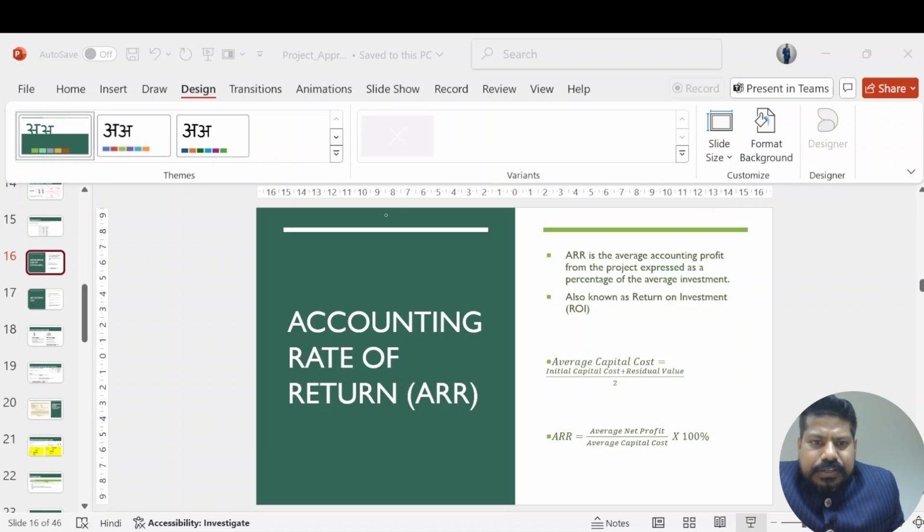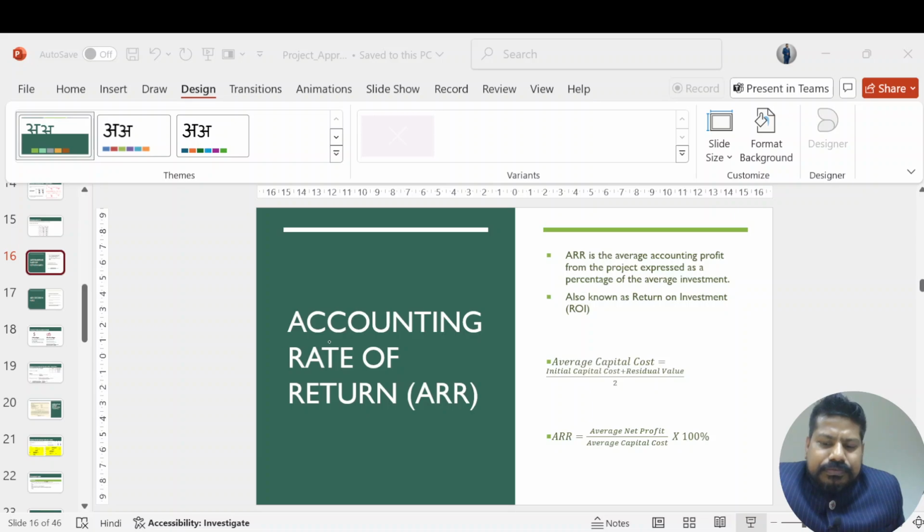That is 200,000 minus 40,000, divided by 10. The ARR of the project will be 48,000, which is average annual operating profit before depreciation, minus annual straight line depreciation charge of 16,000, divided by cost of equipment plus residual value of equipment divided by 2.